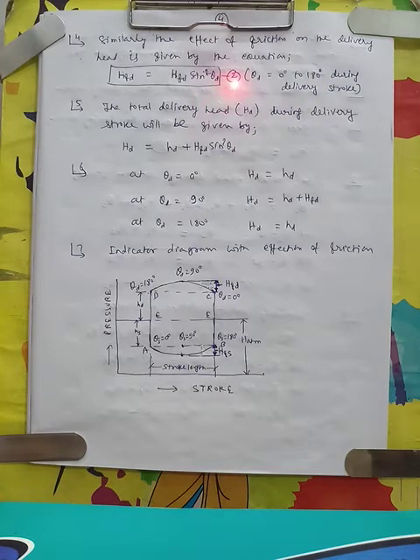So the total head during delivery, if we add the effect of friction, will be given by this equation: the delivery head in the cylinder during the delivery stroke, HD, that is the ideal delivery head, plus this will be added. So at 0 degree, the head will be only HD, because sin theta d will be 0.